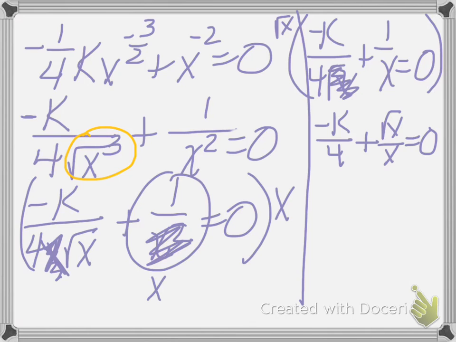Okay, then I used algebra, so I'll do this in a different color just to go over this rule, which says that if you have x to the 5 over x to the 3, it's going to be x to the 5 minus 3, which would obviously be 2. So I'm going to use that rule to simplify this to negative k over 4 plus x to the 1/2 over x to the 2/2 equals 0.